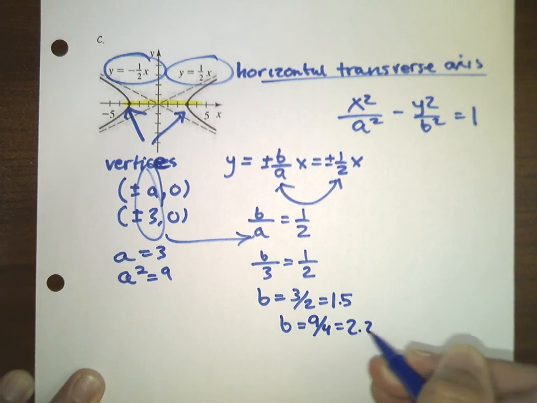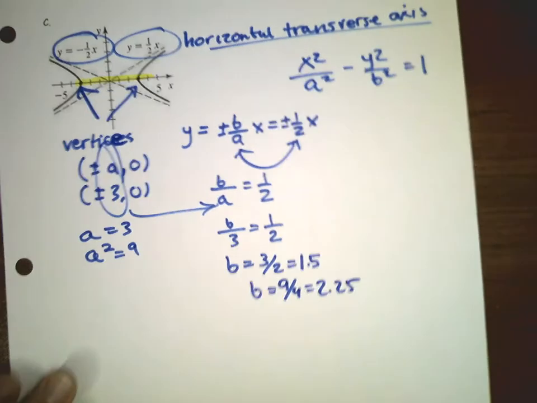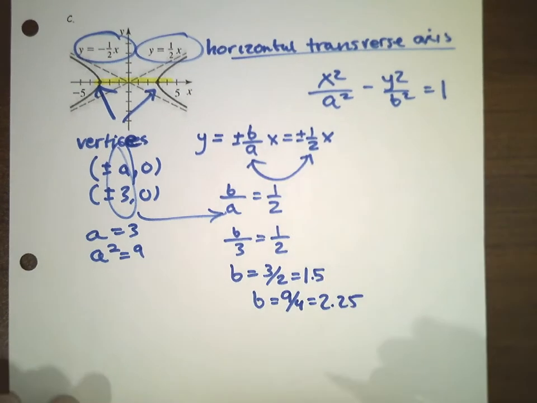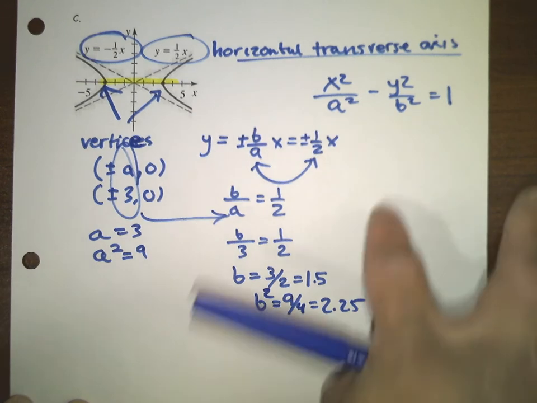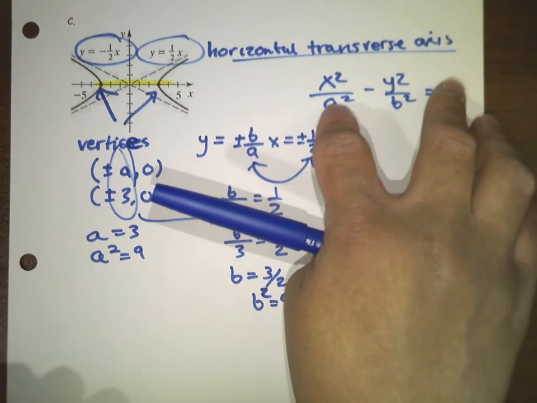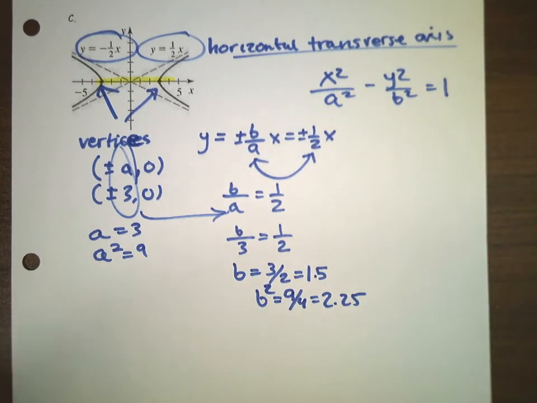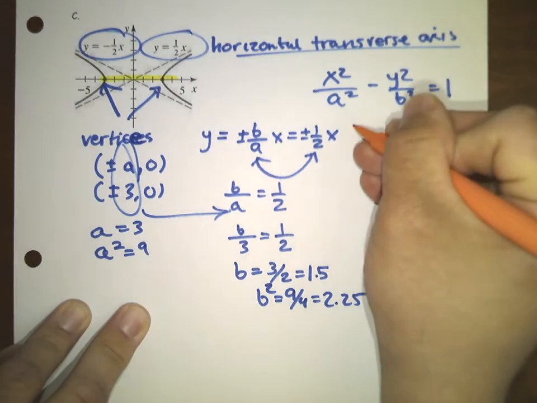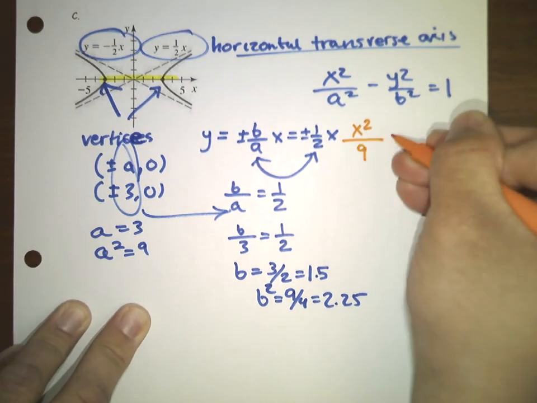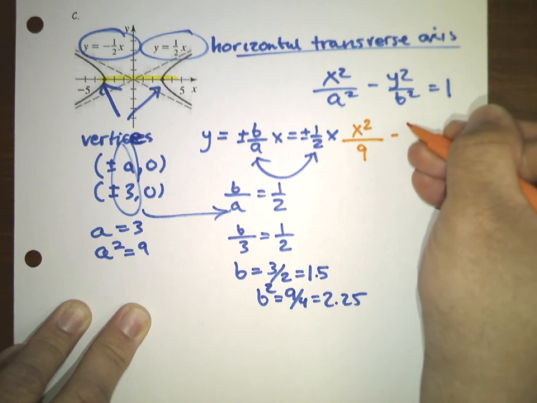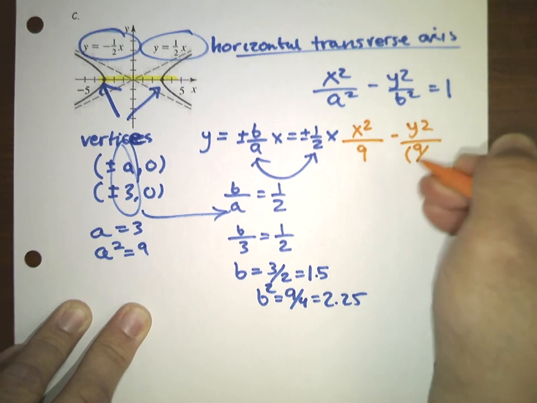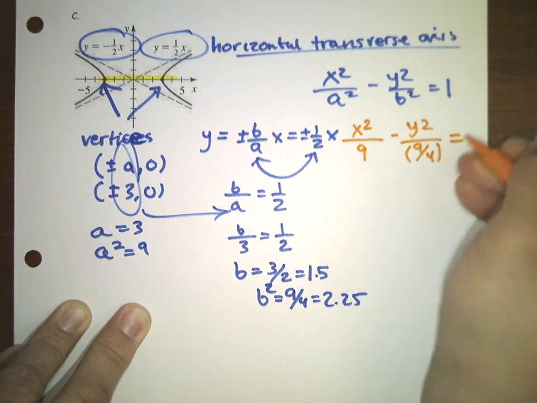Then I can just substitute those into the equation of the hyperbola. So what do I have in this case? It will be x squared over 9 minus y squared over 9 over 4 equal to 1.